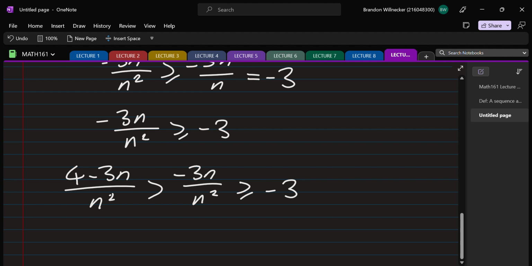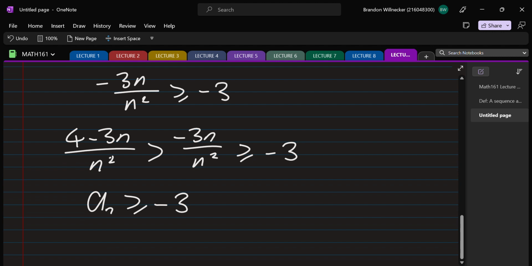Now look at the extreme left and the extreme right. On the extreme left, we've got our an that we wanted, and this is bigger than or equal to a constant, minus 3 on the extreme right. And that's the definition of being bounded below. Any element an is bigger than or equal to some constant, so it's bounded below.